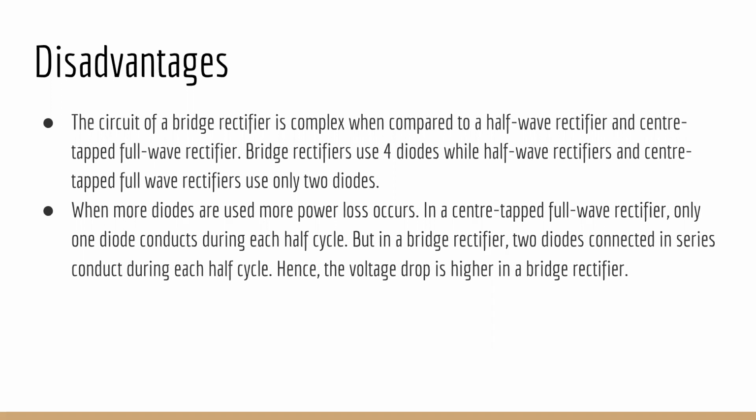The second disadvantage is that when more diodes are used, more power losses occur. In a center tapped full-wave rectifier, only one diode conducts during each half cycle, but in the bridge rectifier, 2 diodes connected in series conduct during each half cycle. Hence, the voltage drop is higher in a bridge rectifier.